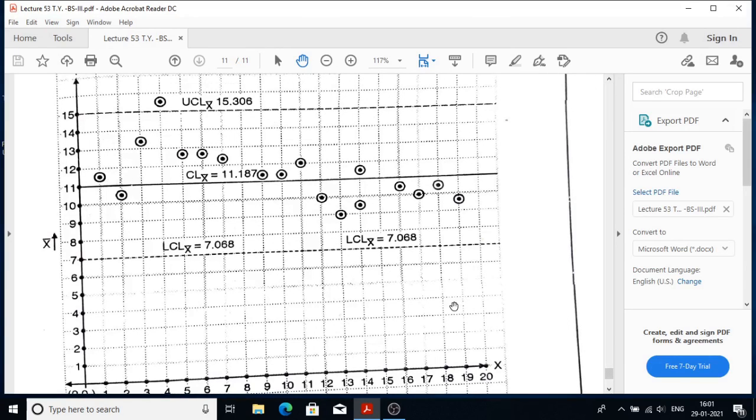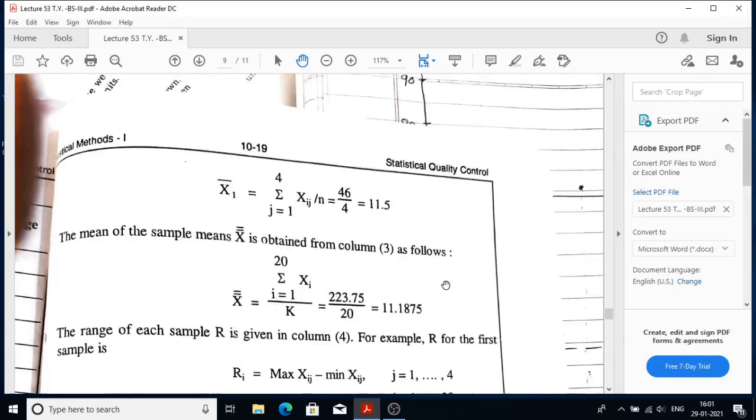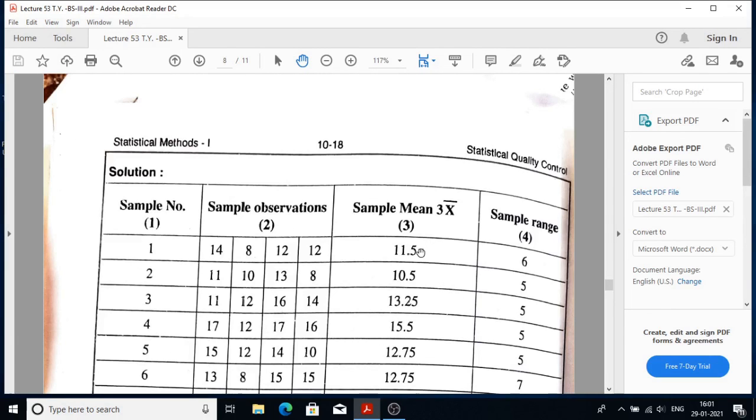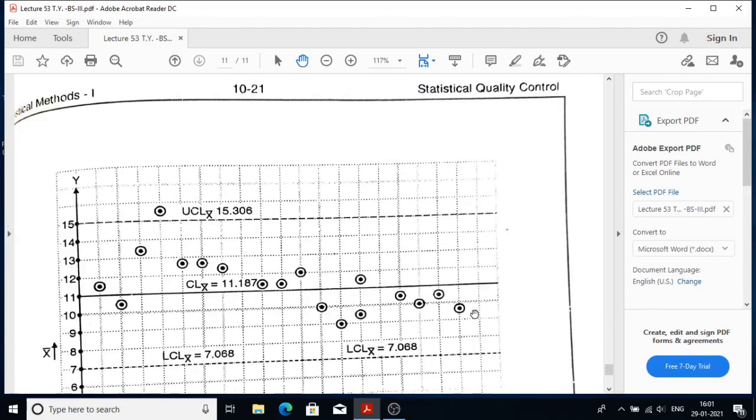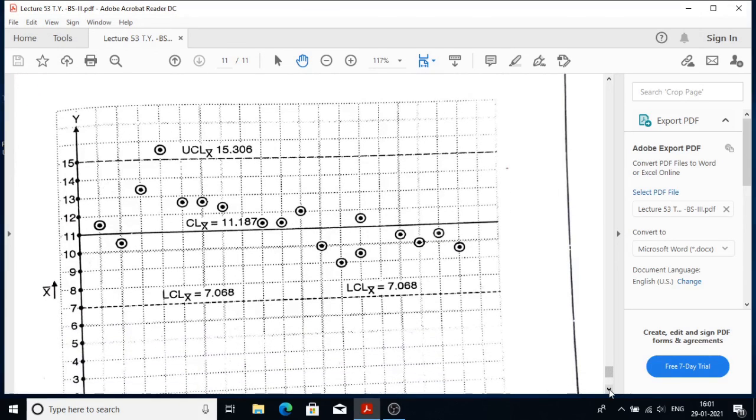So for first sample we will see the sample mean is 11.5, 10.5, 13.25. So these values we will have to plot. So 11.25, third is 13.5. So this way we will plot all the points on the chart for 20 samples.